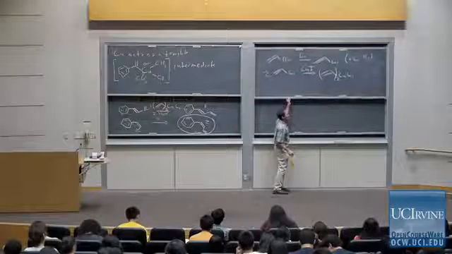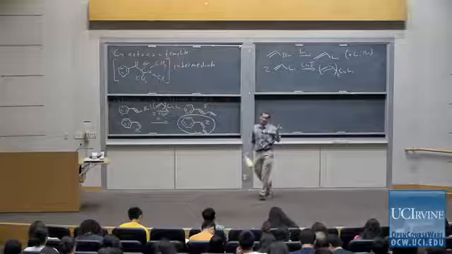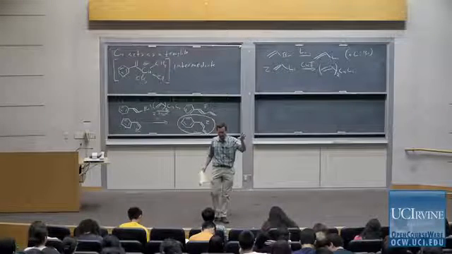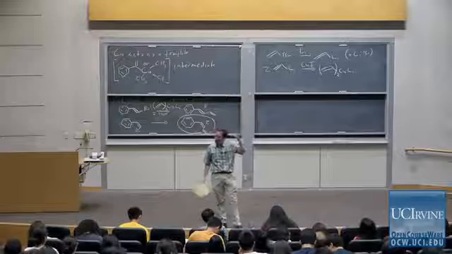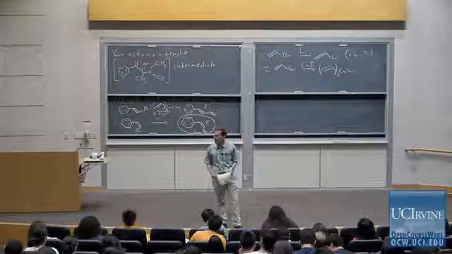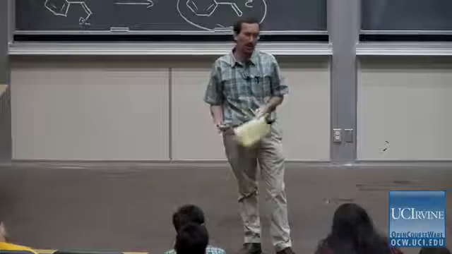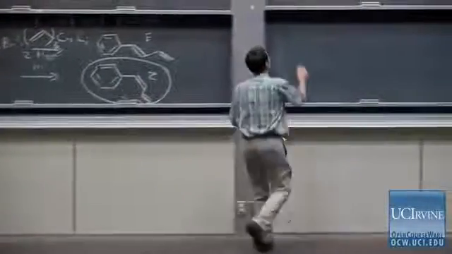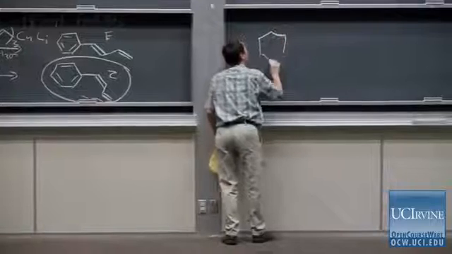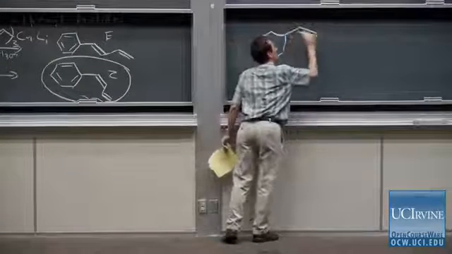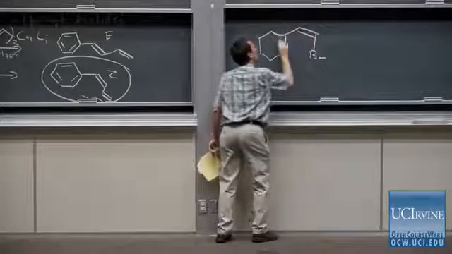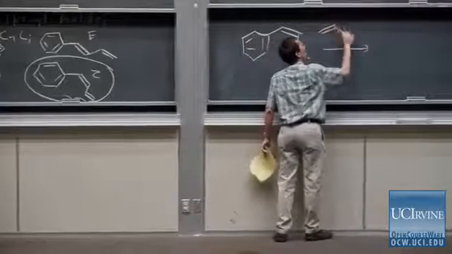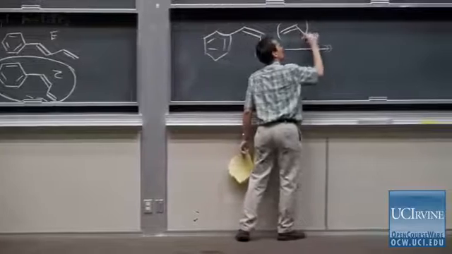And the final step, you would typically do this all in one flask. You would make the lithium reagent. You would add the copper iodide to make the organocuprate reagent. And now, in the final step, we would take our styrenyl bromide and treat it with our cuprate reagent.